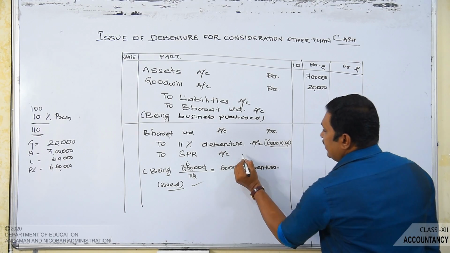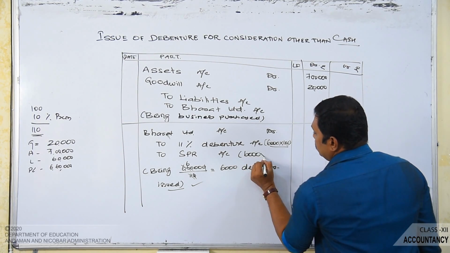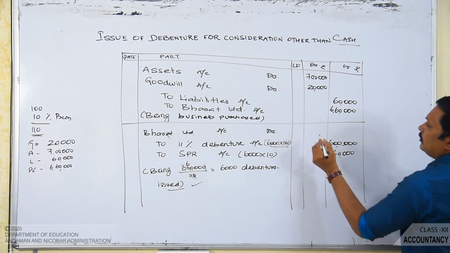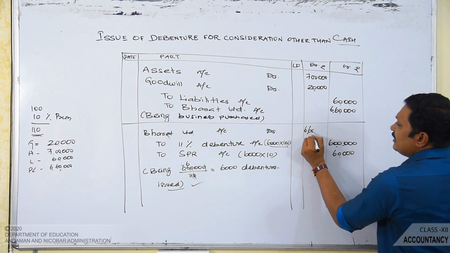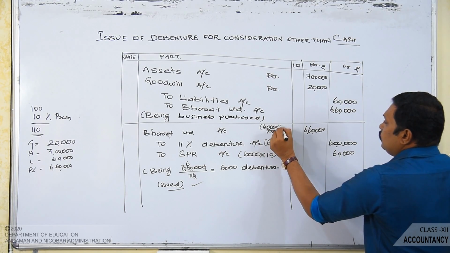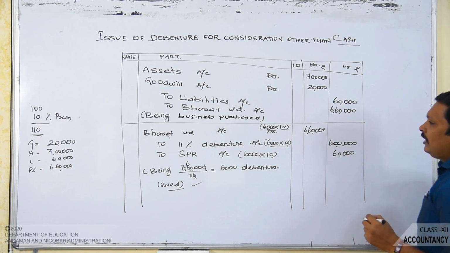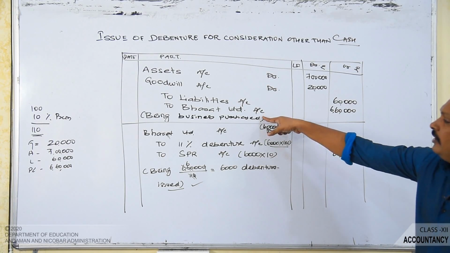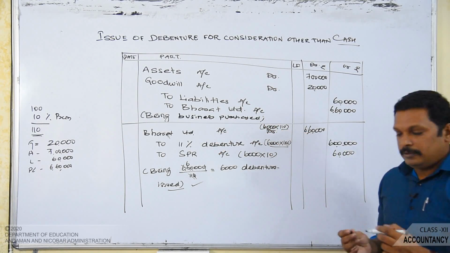And securities premium reserve, 6,000 into 10, that is 60,000. Then the total will be 6,60,000, that is 6,000 into 110. Or otherwise you can just transfer that amount. Bharat Limited will be the creditor here, so you have to debit it with the same amount.